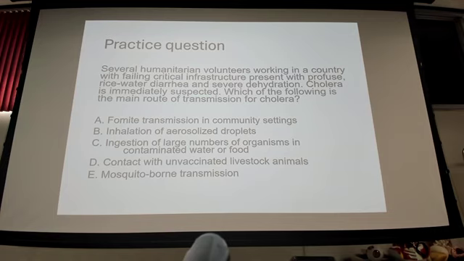I don't usually encourage word association, but it is something you need to know. Rice water is always associated with Vibrio cholerae. Severe dehydration is what you associate with the fatal outcomes. People become dehydrated and go into shock. And failing critical infrastructure is also associated, in terms of epidemiology, with cholera outbreaks.